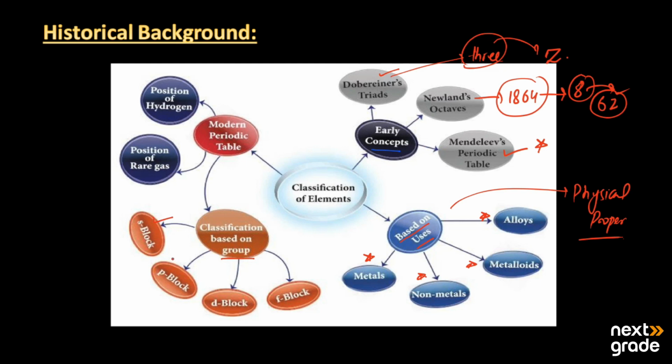There are S block, P block, D block, and F block elements that depend upon the electronic configuration of the elements. Then the modern periodic table gave the position of hydrogen and also the position of the rare gases. So this was a simple historical background of the elements.